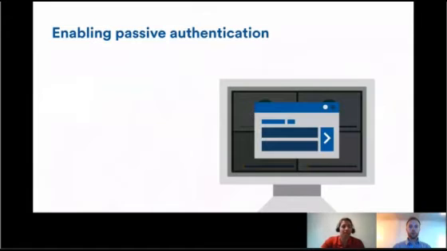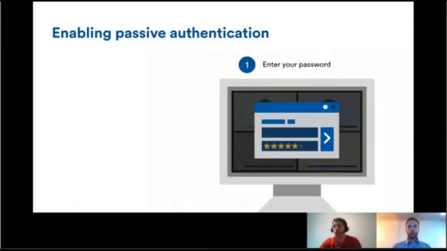Similar to what Microsoft is doing with its Office 365, it's possible to use passive authentication within a security product, like Security Center, for example. This adds another layer of security with an external identity provider. For example, it could be Microsoft Active Directory Federation Services, or ADFS.